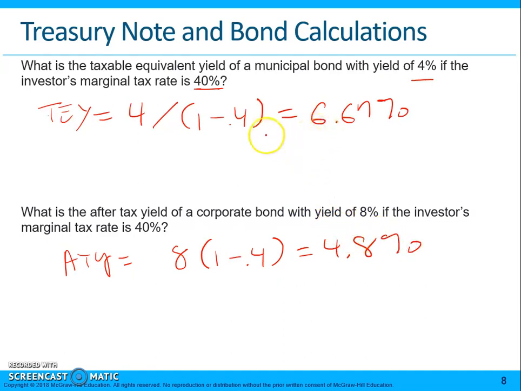So we can actually compare these two, this 4% municipal and 8% corporate. We have to compare them on the same basis. That's why we do these conversions.